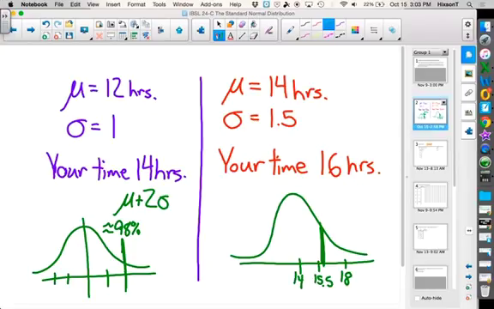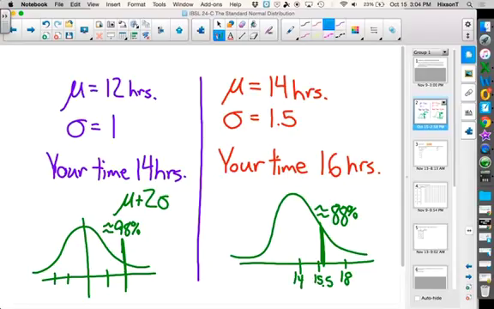Remember, one standard deviation away from the mean is 34%. So you're up to 84%, a little bit past that, probably around 88%. That's just a guess, but you can see there's some significant improvement in your performance overall.